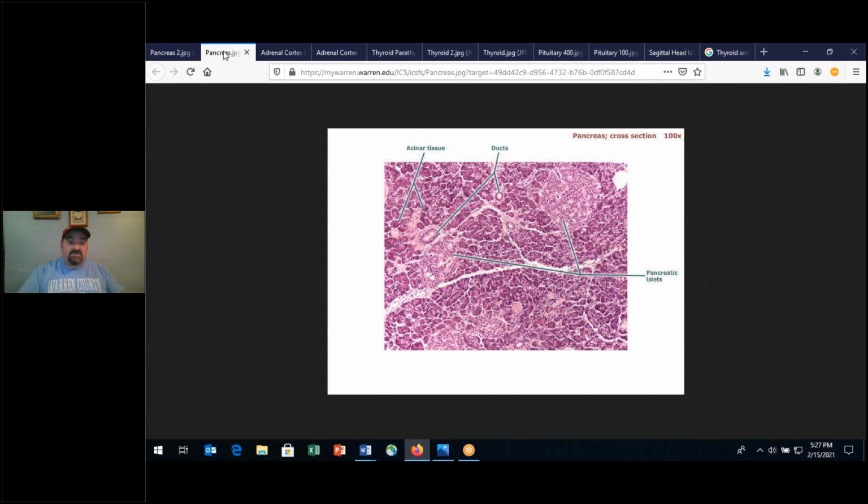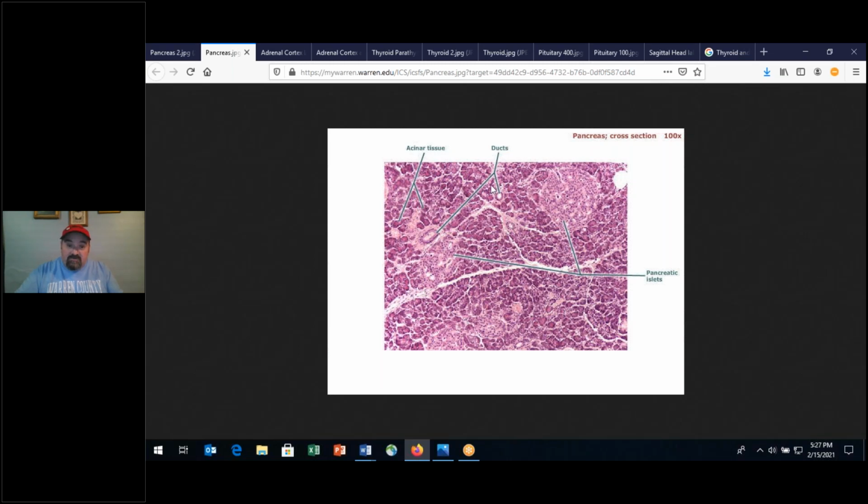This exocrine tissue is involved in producing enzymes and secretions, bicarbonate, for the function of the GI tract, for the digestive system.